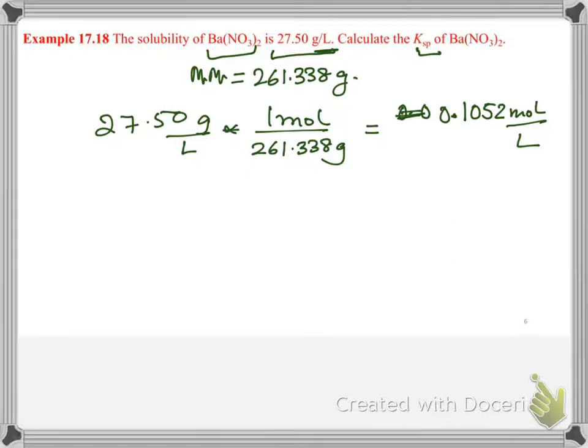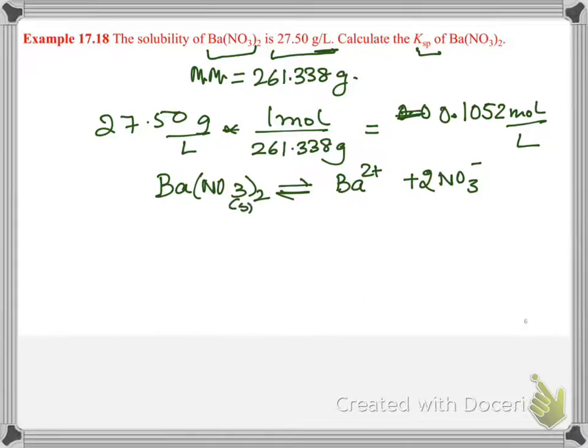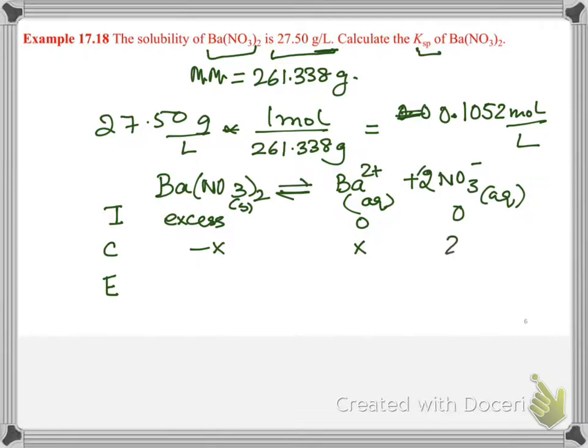The next step is that you write down the equilibrium expression. Barium nitrate solid in equilibrium with Ba2+ aqueous plus 2 nitrate ions with a 1 negative charge. And then you construct the ICE table. Initially 0 and 0, then minus x, and since there is a 2 here, we put 2x.